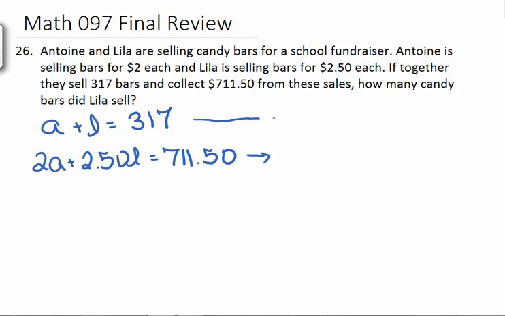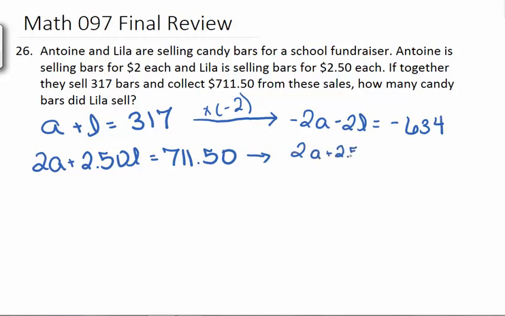The question wants to know how many candy bars Lila sold, so we're going to try to eliminate A. So I'm going to multiply the first equation by -2. -2A minus 2L is equal to 317 times -2, which is -634. The second equation I'm going to leave alone. 2A plus 2.50L is equal to 711.50.